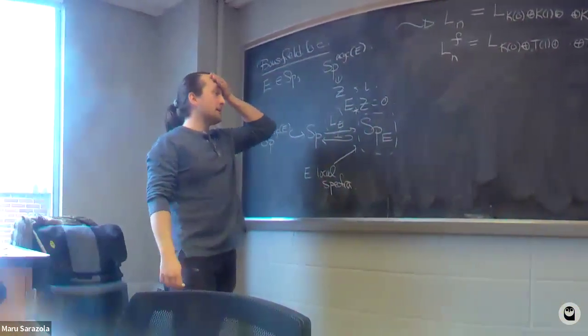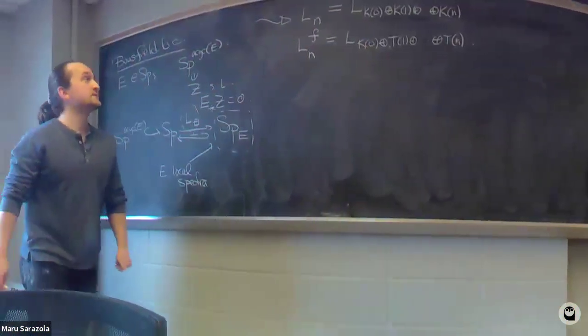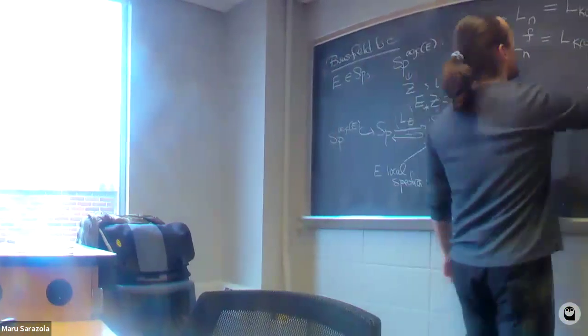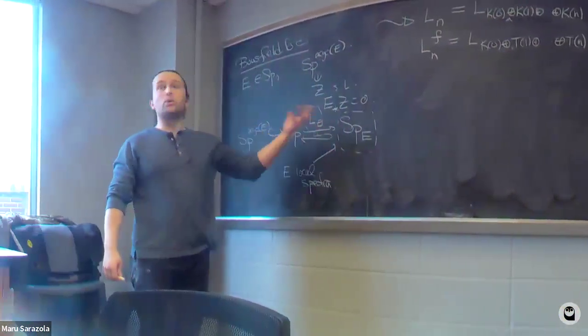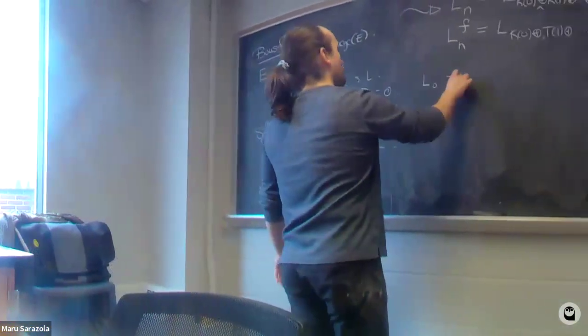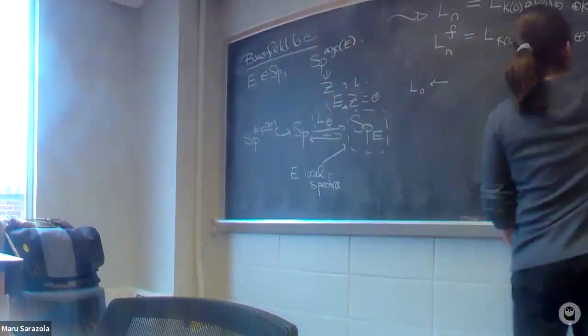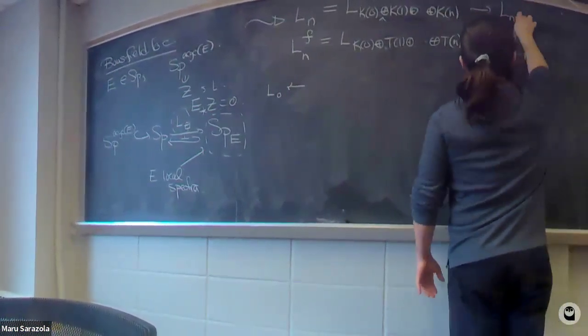And it turns out, if people are very interested, I can say something about this, but there's a natural transformation which goes from this one to that one. And there are towers involving all of these functors. You also have a map from L_n to L_{n-1}^f and L_{n-1}.